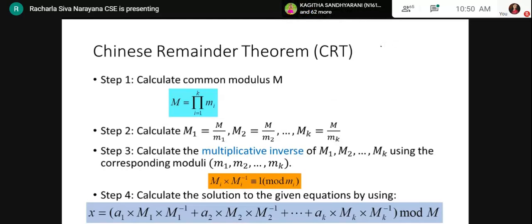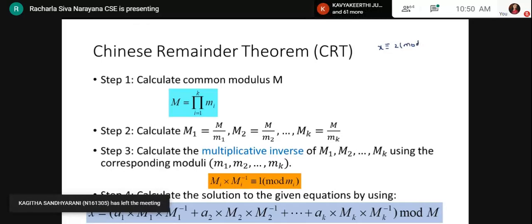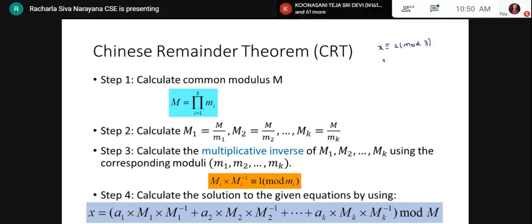So here the equations are: x congruent 2 mod 3, next x congruent 4 mod 5, next x congruent 5 mod 7.